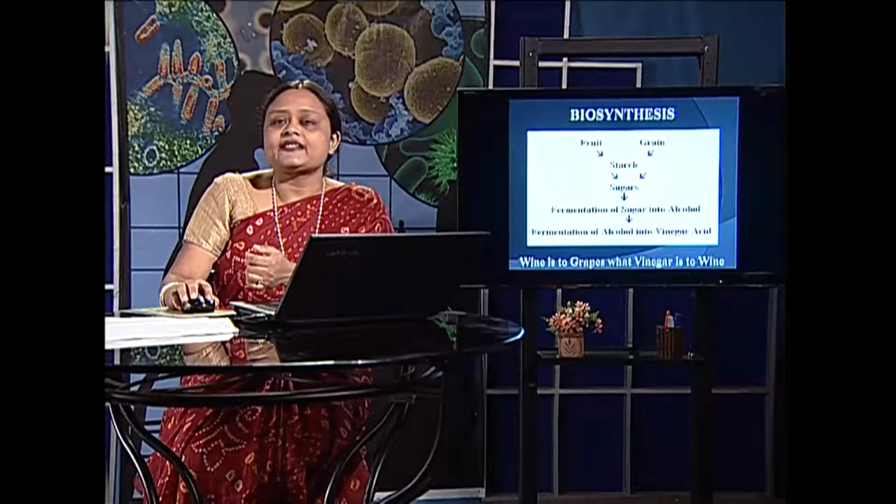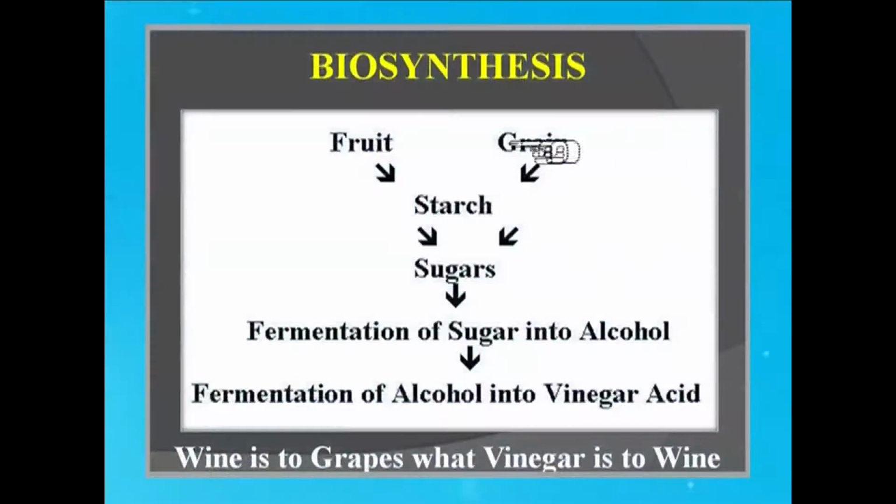In a broader sense, we can say that if you take fruit or any grain that will contain starch, this starch will be converted to sugars, and these sugars will be fermented to alcohol. Now, alcohol or ethanol is the material which we require for production of vinegar or acetic acid. So, in nature, the conversion to starch, sugars and all these are brought about by other processes.